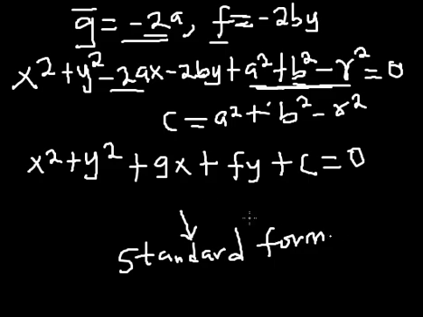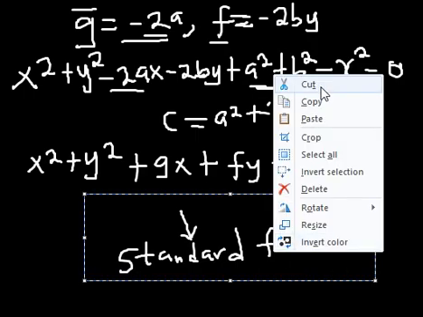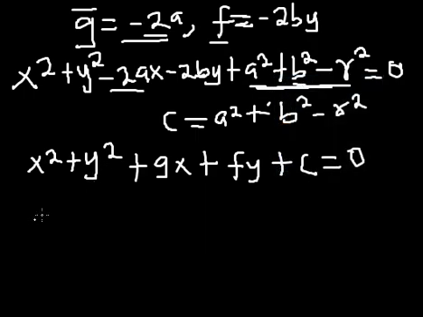If the equation of a circle is given in this form, for you to be able to get your center, remember we already know that the center of the circle is a comma b.